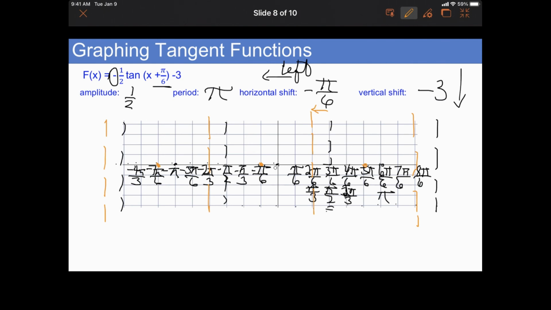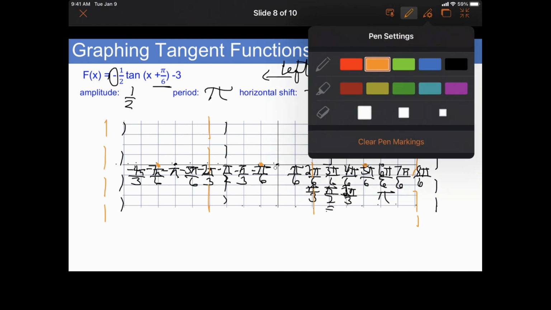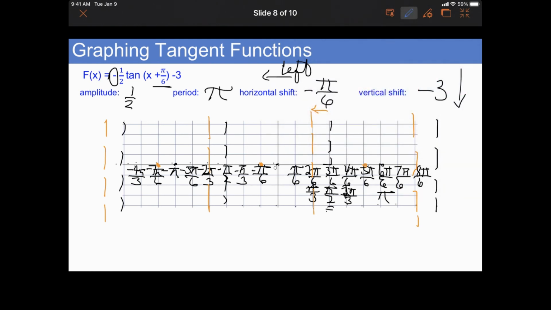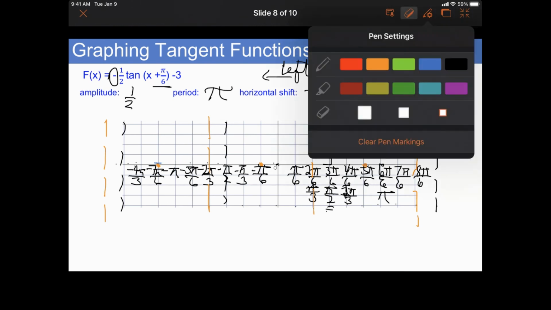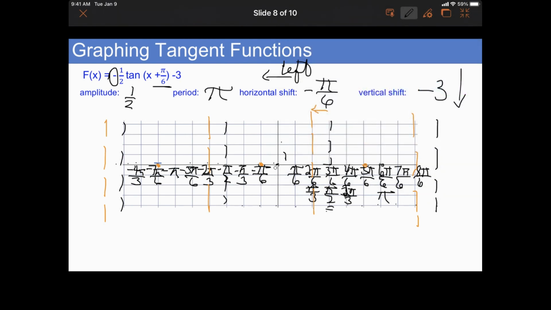Okay, now I'm going to drop it. So you're going to say, well, Miss Mendoza, how do we reflect it? So what happens is I'll do some more little dots. When we would have done a regular graph, it would have gone up this way, right? But we're reflecting it down. So you would actually have done the reflection first. And so, I'm going to do this 1, 2, 3.